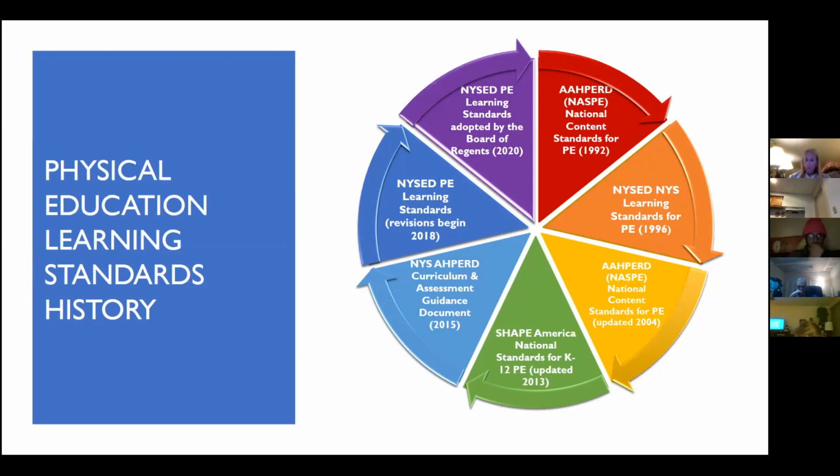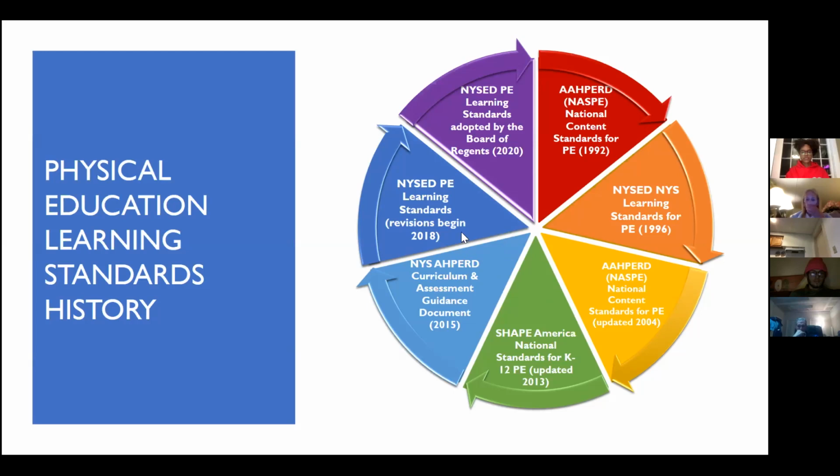That guidance document provides curricular and assessment recommendations that align the 1996 New York State standards to the 2013 national standards. It's a very helpful document that's still being used to this day, and we'll talk about its revision shortly as well.